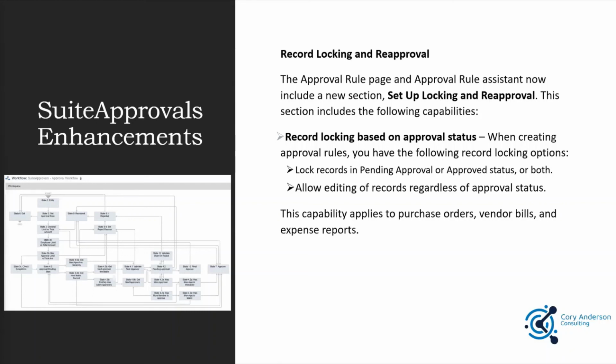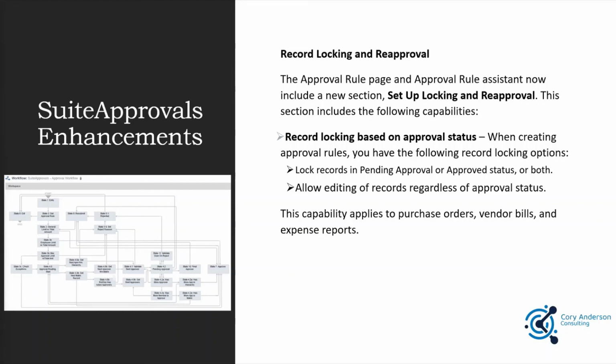So that one right there, that's kind of the safety net of having the records automatically go into the suite approvals process. You can choose to allow the editing of the records after they've been approved, which is, for some companies, a required feature.